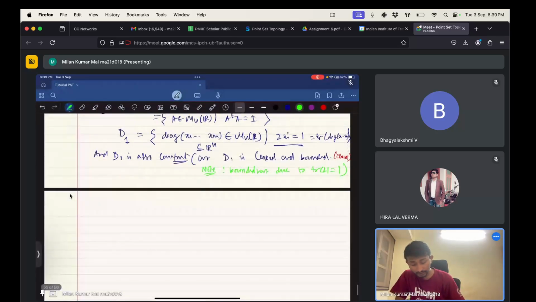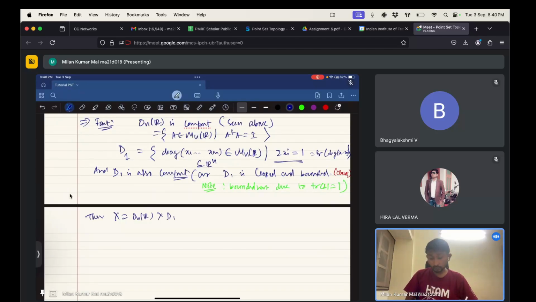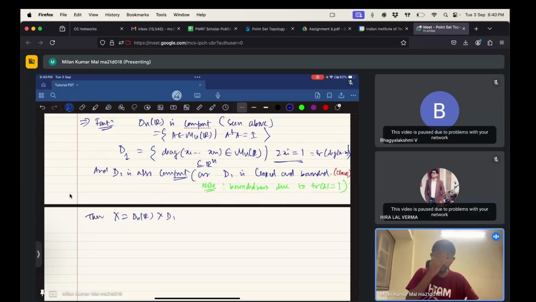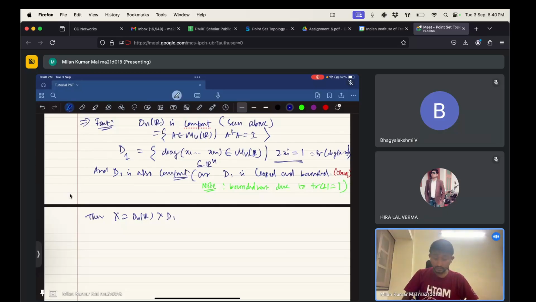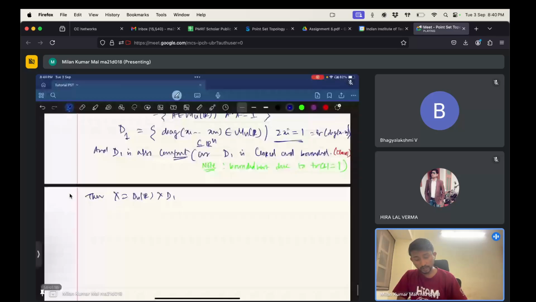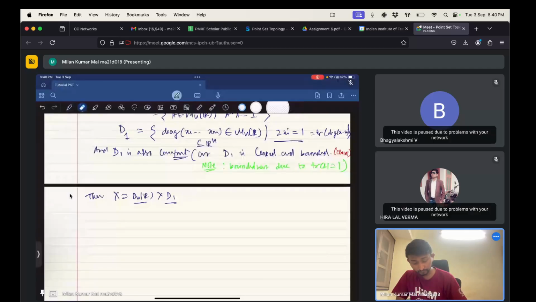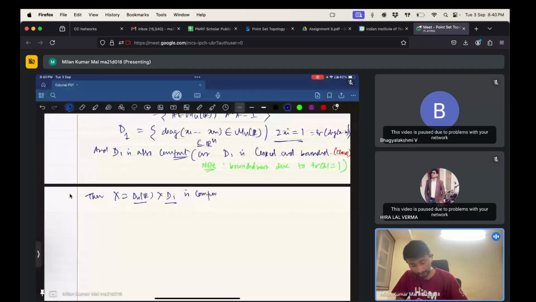So that means, as the two sets are compact, their product with the product topology, X equals O(n) cross D1, is compact. Please try to concentrate on this particular problem, because the next two problems will be similar to this one, on the basis of the same technique. So O(n) and D1, both of them are compact.